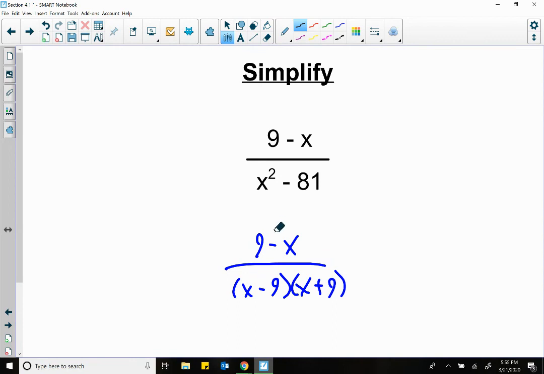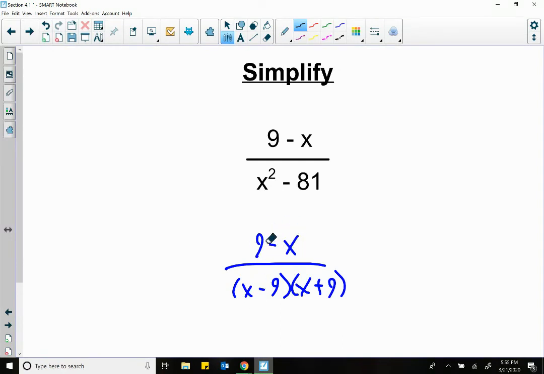Well, these two almost can cancel each other out. The problem is that this guy has opposite signs compared to what's down here. So when you have two families that want to cancel each other out, but one of them has opposite signs, then that really means there was something we probably could have pulled out of this guy to make them match.